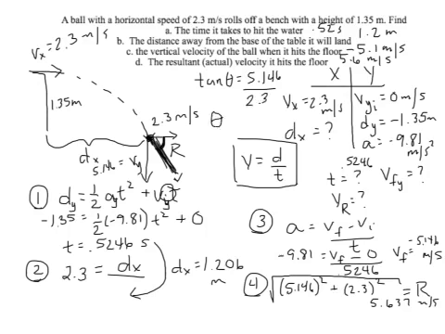When I put that into my calculator, I'm going to divide 5.146 by 2.3, and then take the inverse tangent of that answer, and I get an angle of 65.9, which with 2 sig figs will round to 66 degrees below horizontal. You could also do the angle with the vertical, just describe it correctly. So my final answer: 5.6 meters per second, 66 degrees below horizontal. There you go.